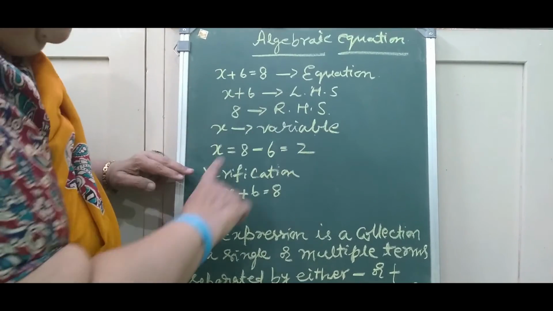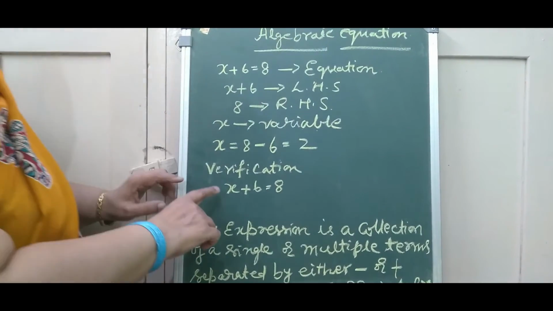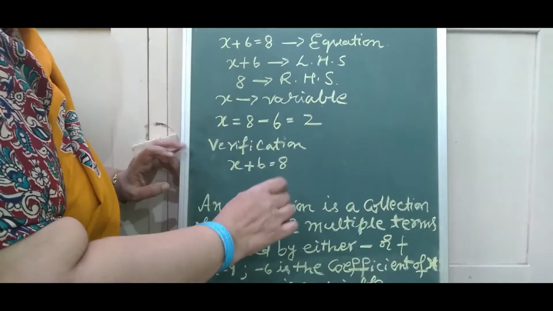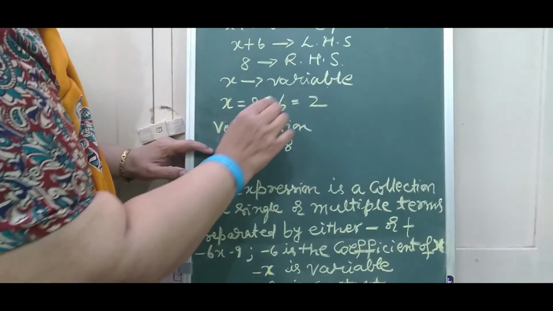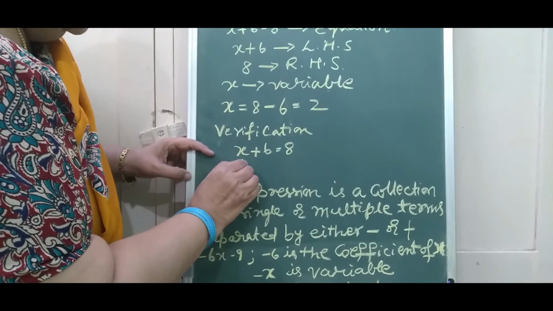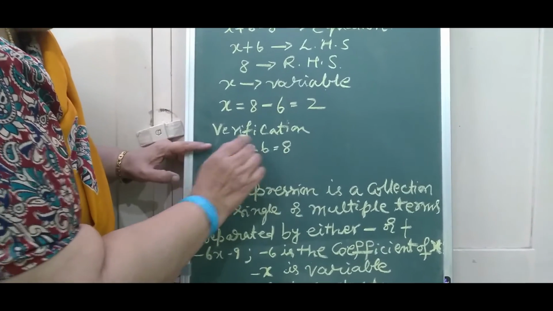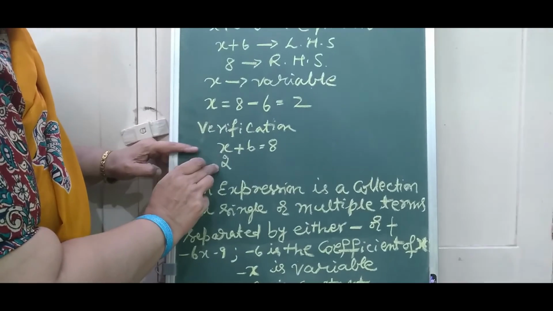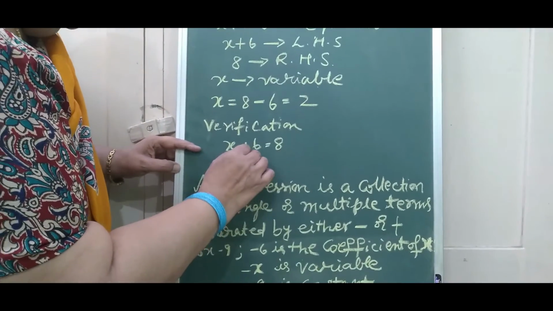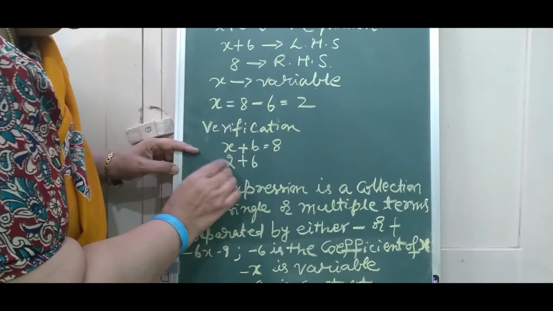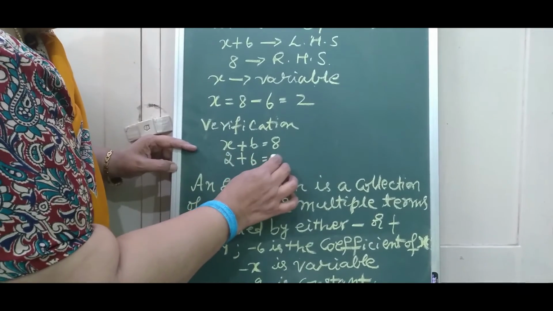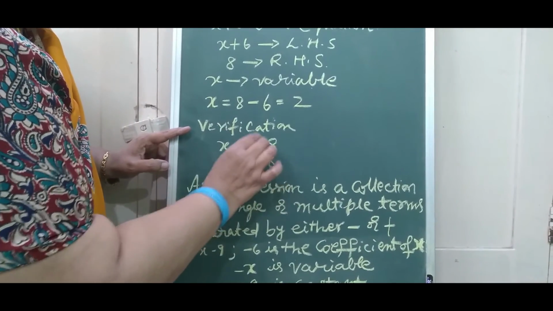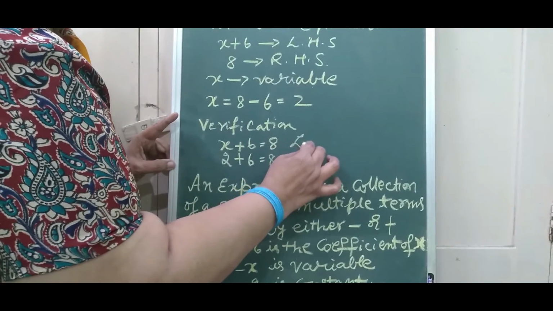For this same equation, we can do the verification also. Let us consider the equation x plus 6 is equal to 8. Here, in the place of x, I am writing the value 2, because we know x is equal to 2. So I am writing 2 in the place of x, and again plus 6. 2 plus 6 is nothing but 8. So here the left hand side of the equation is equal to the right hand side.